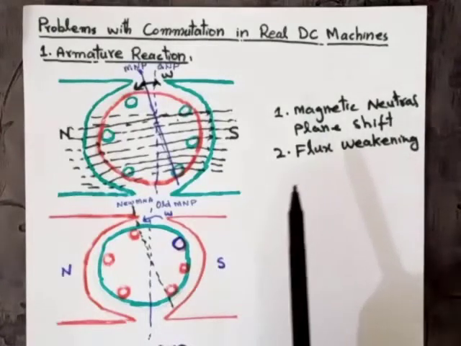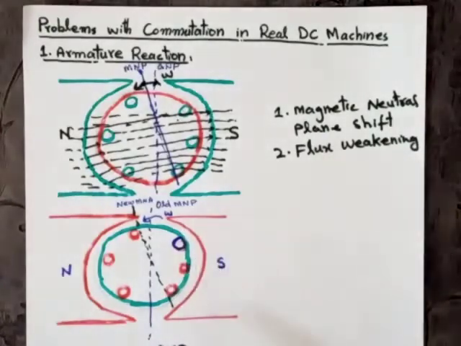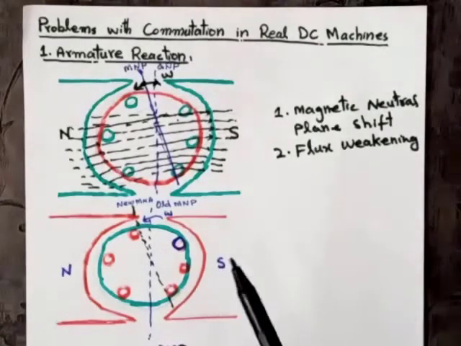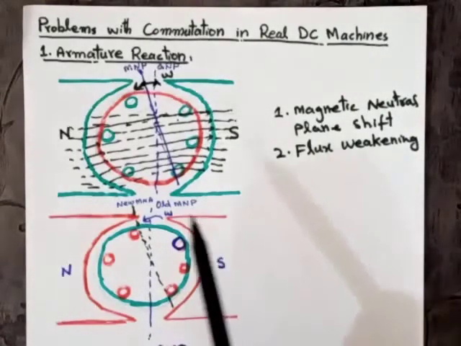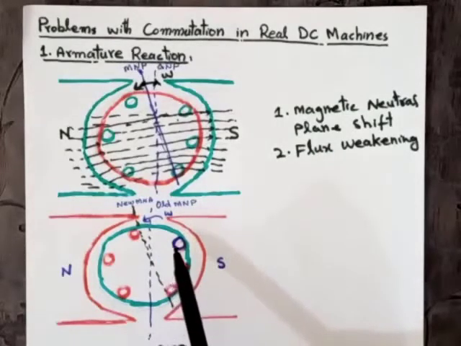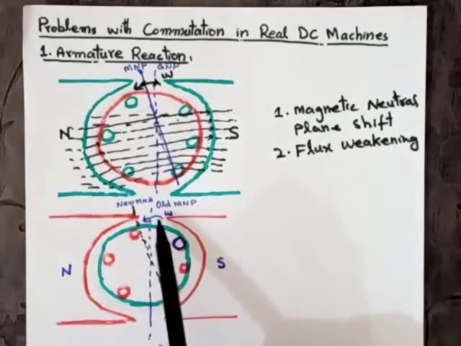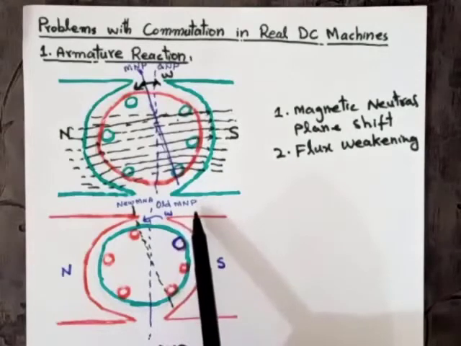So if you see, initially at no load, this is the magnetic neutral plane or the old neutral plane.